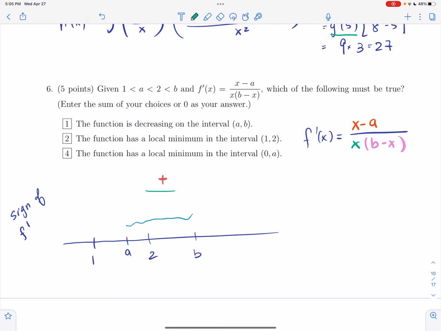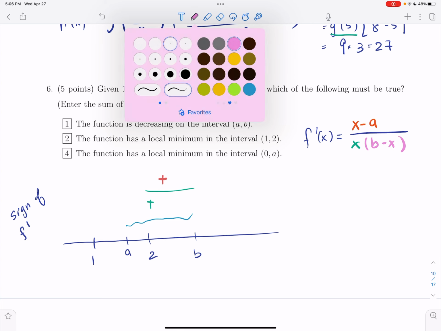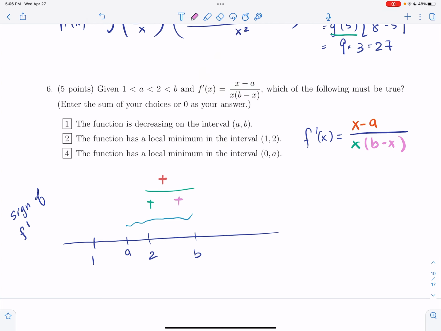X in the denominator is positive too, because it's bigger than A, which is bigger than 1, so it's certainly positive. How about B minus x? B minus x is also positive because x is smaller than B, because x is between A and B. So that last thing is also positive. So this whole quotient, f prime, is positive.